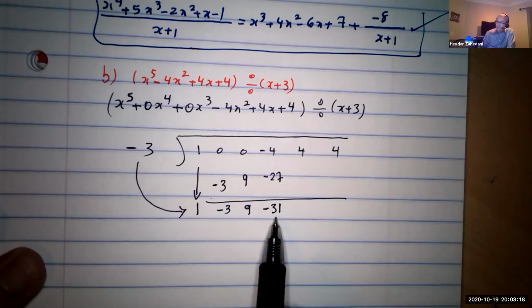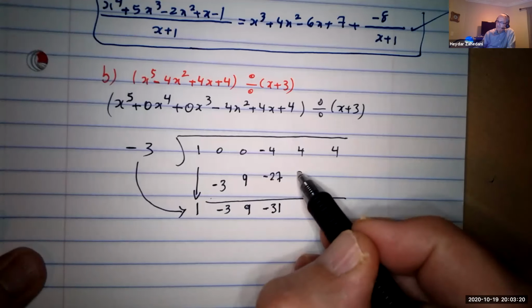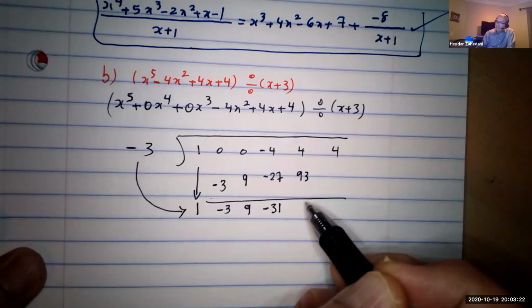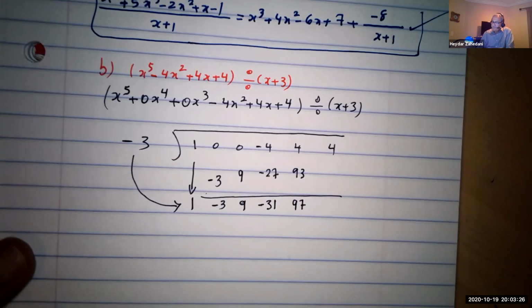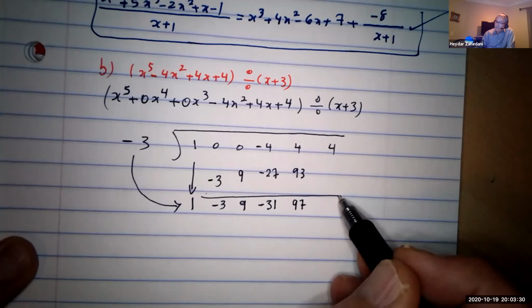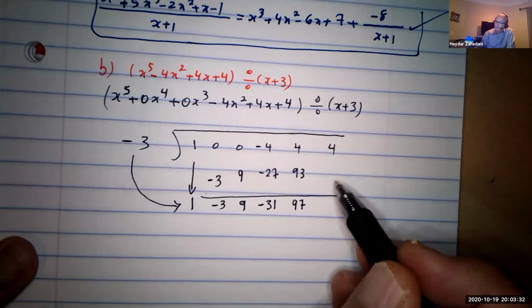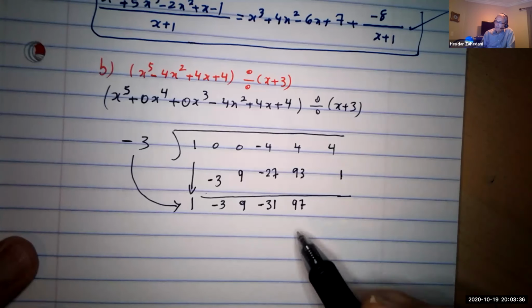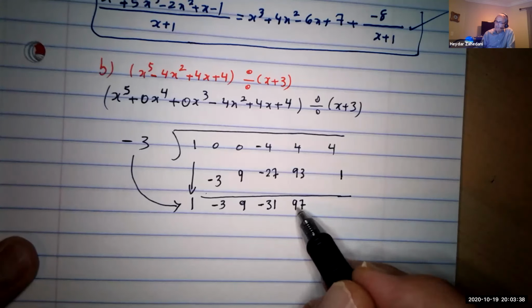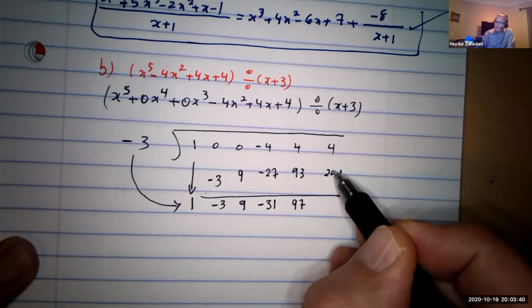And negative 3 times negative 31 gives you positive 93. It's going to be 97. Okay. Then you multiply by negative 3 again. So that gives you 3 times 97 would be 291. Yes, that's it.